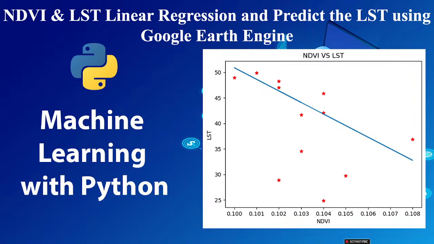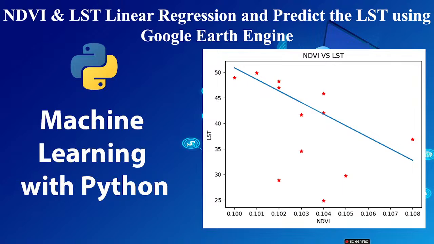So I hope in this class you are able to learn all of the basic things of linear regression, and also learn how to use this to predict LST based on NDVI.